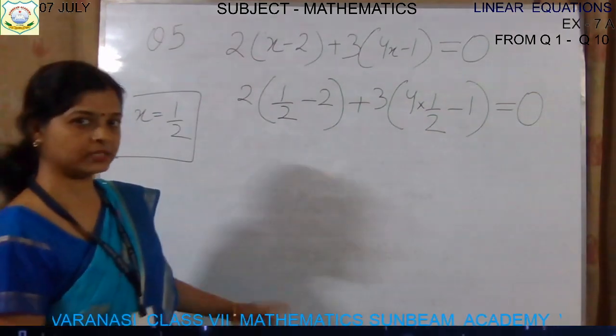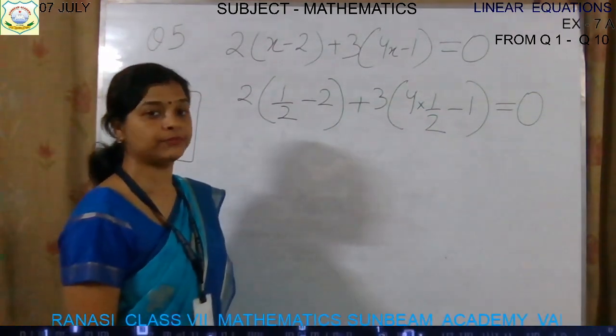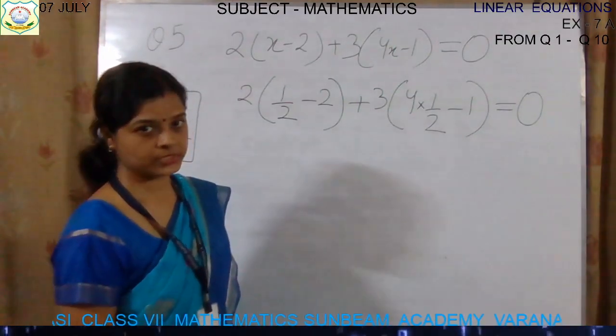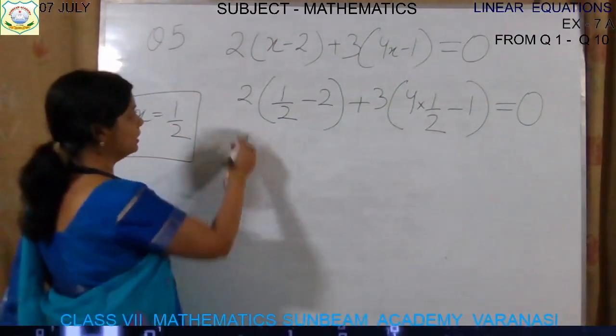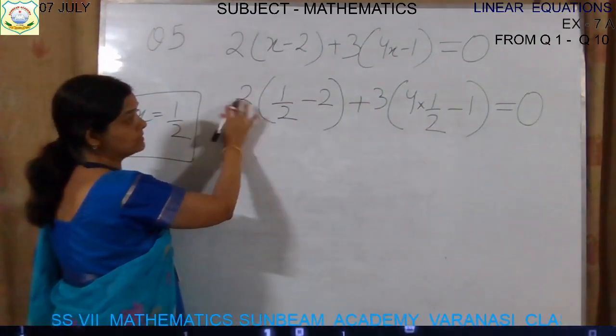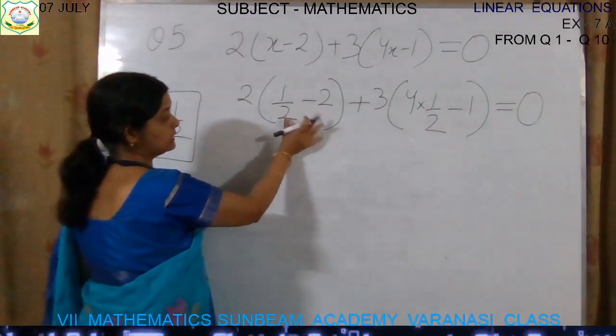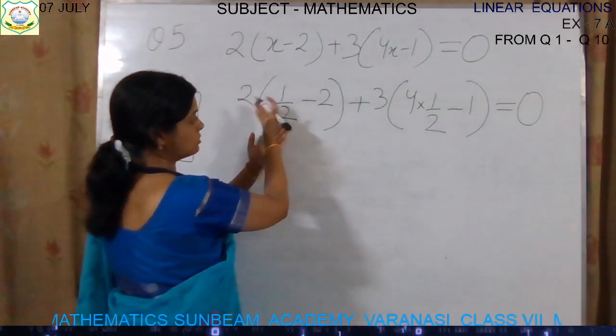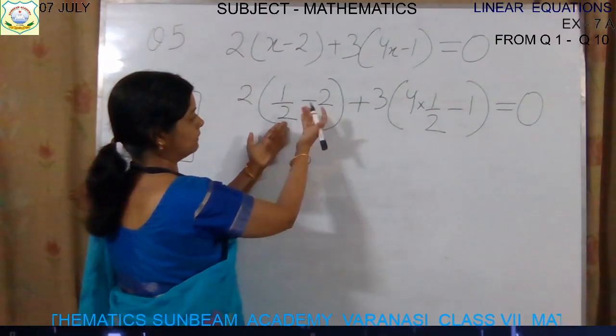Okay, after substituting the value, we will get the situation in this way. Now solve it, children. You can't cut in this way. Never ever simplify in this way because inside the bracket there are 2 terms. It's not about the whole one, it's 2 terms.